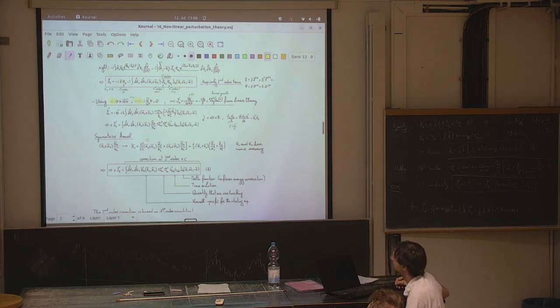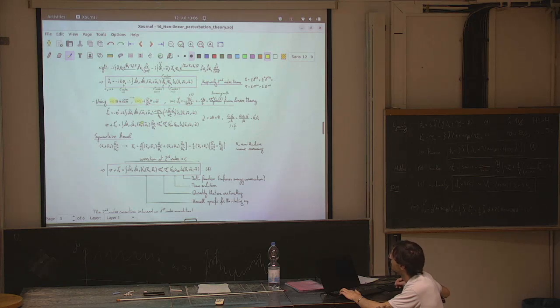The key point is that you have a kernel, which is this guy. It's called a kernel because it just contains k's, which are part of this integral. So that's a kernel integral. Then you have the quantity that you want to characterize, which is the product of these two guys that have been linked through linear theory such that you have two velocities, and then I split it into terms of growth factors.